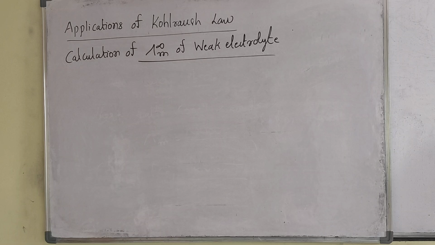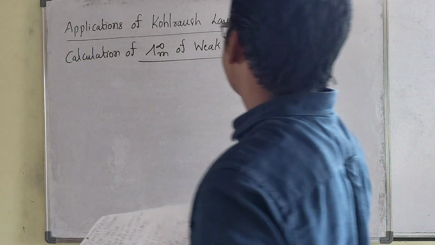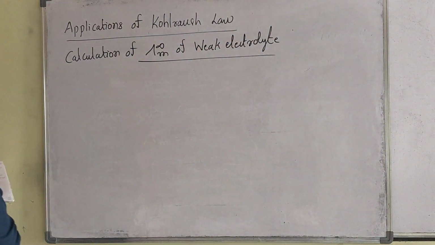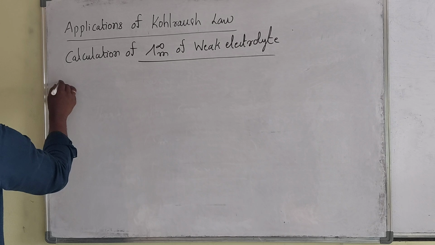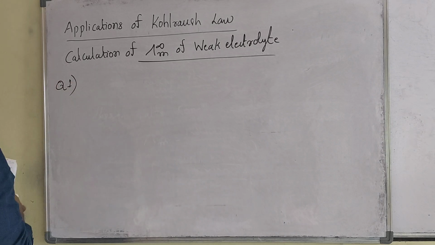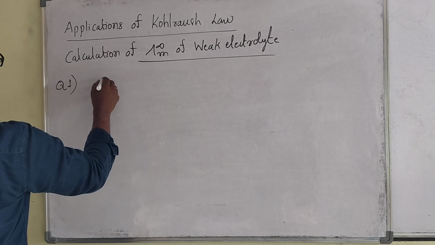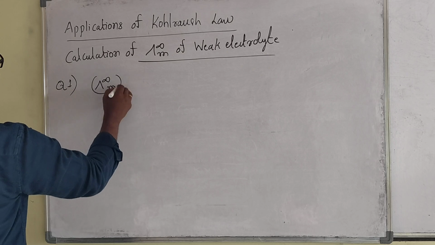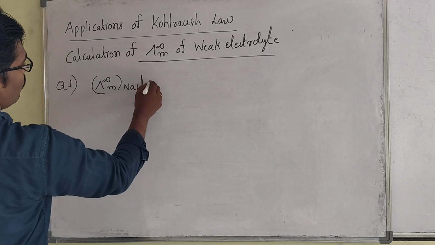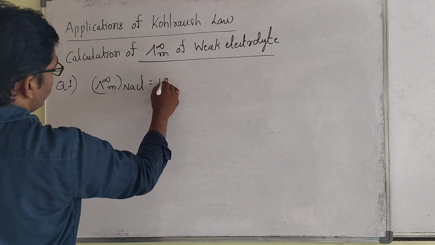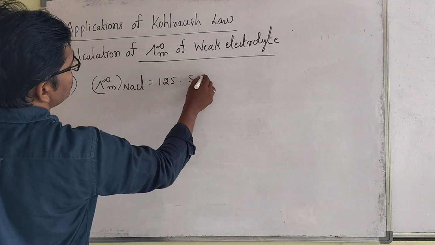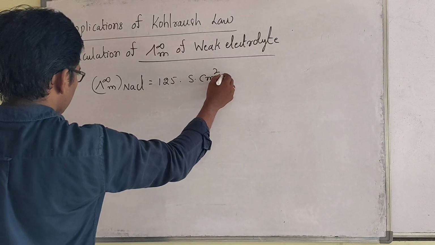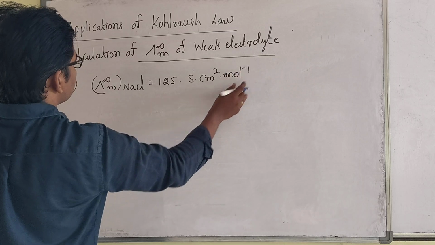So let's look at some example problems. Note that problem number 1, question number 1, they have given: limiting molar conductivity of NaCl is 125 Siemens centimeter square mole inverse.